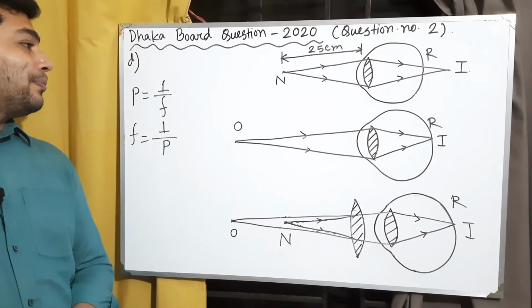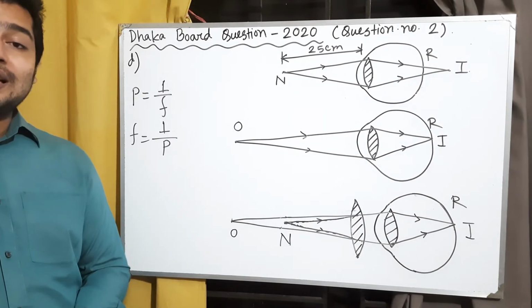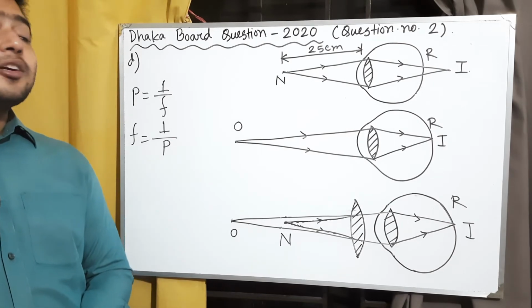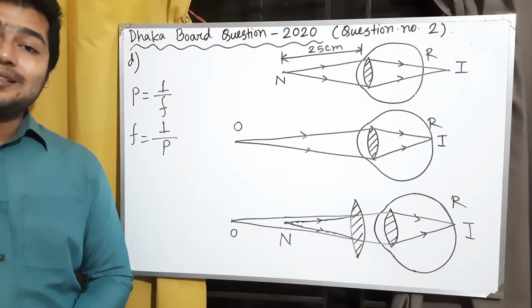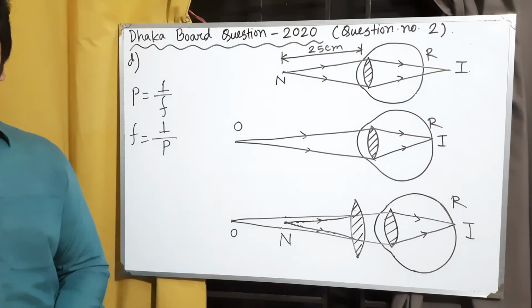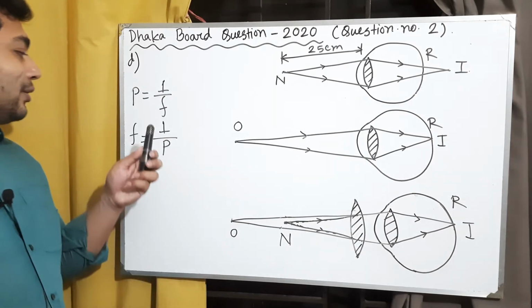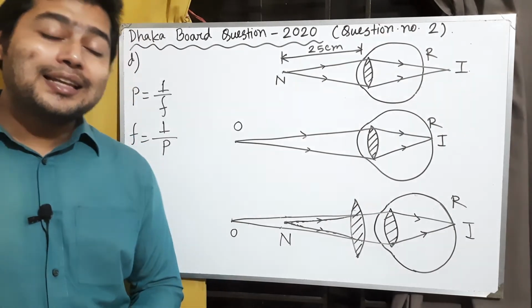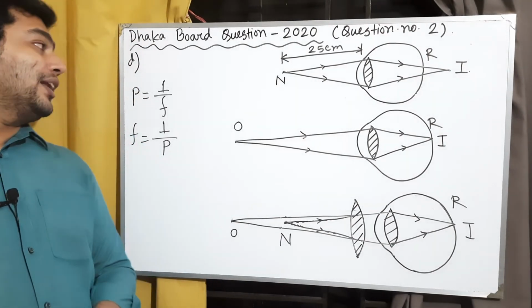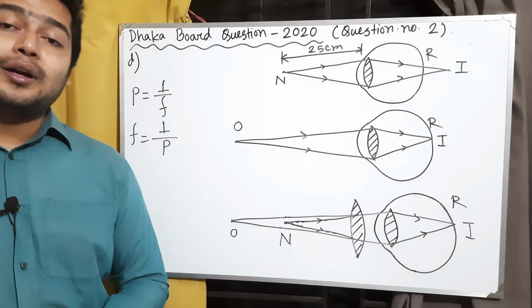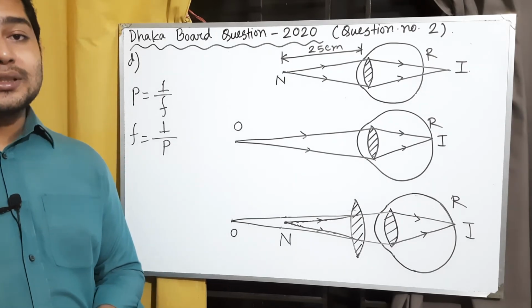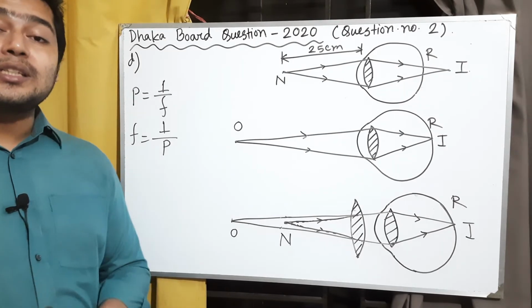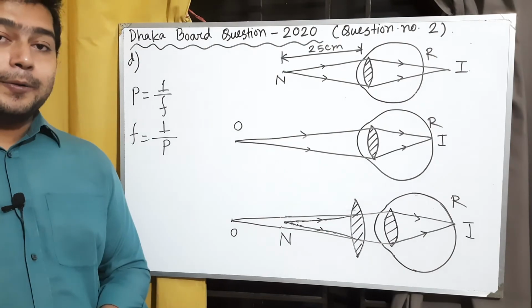We can also say that if the focal length of the eye lens is increased, hypermetropia is also caused. So these are our causes for hypermetropia.